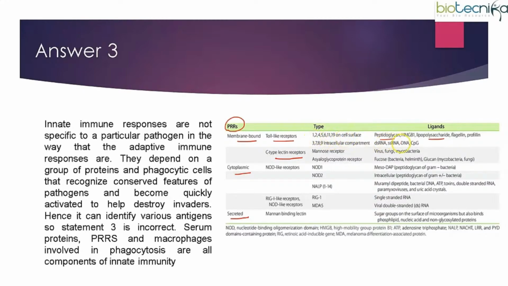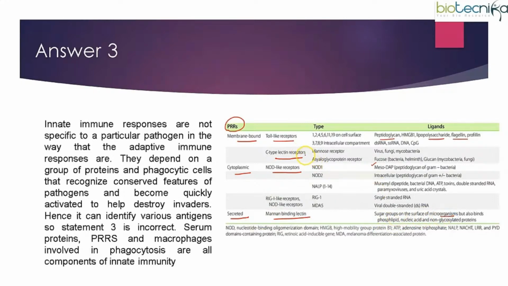According to the number, they are specific for certain ligands. But flagellin, for example, is present in various bacteria that have flagella, so it is not that it has limited specificity. Similarly, the cytoplasmic receptors can identify various ligands. Among the secreted ones, mannan binding lectin identifies the sugar groups on the surface of microorganisms.